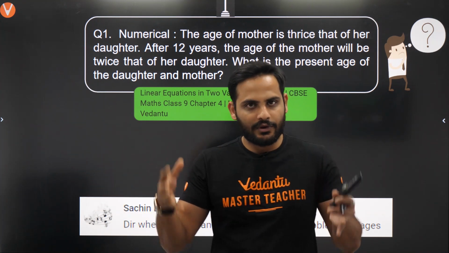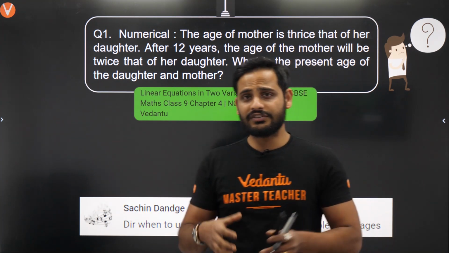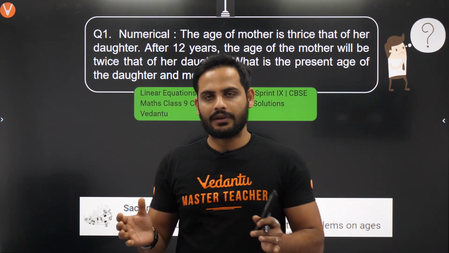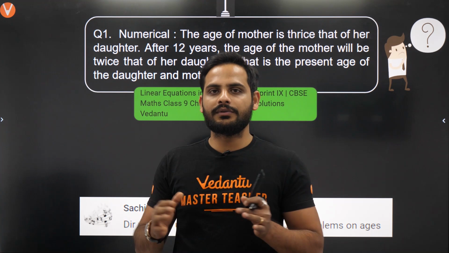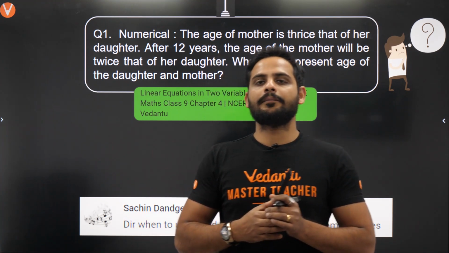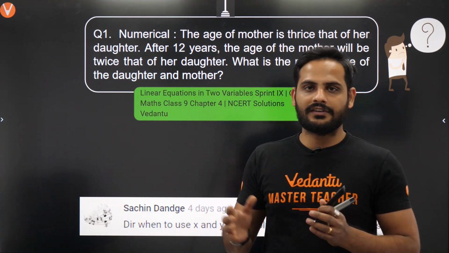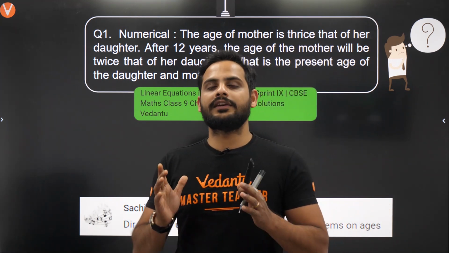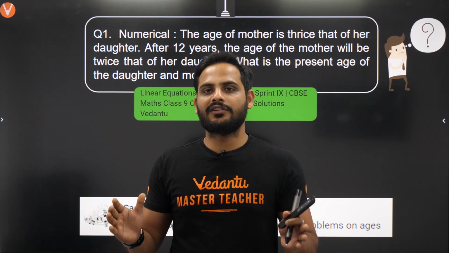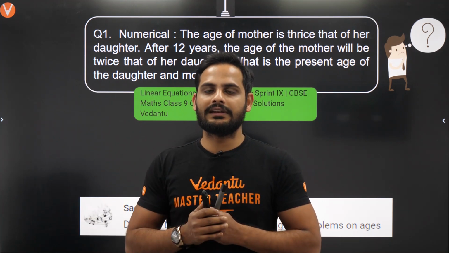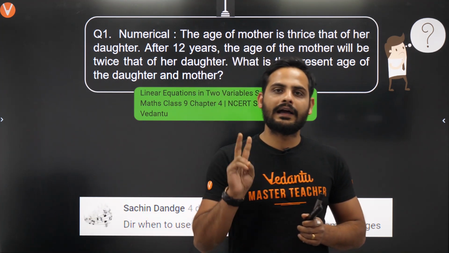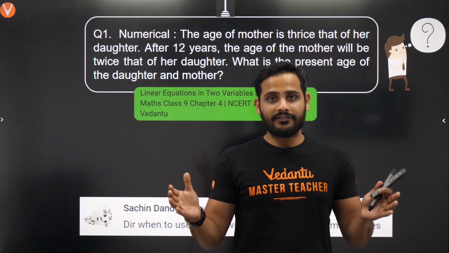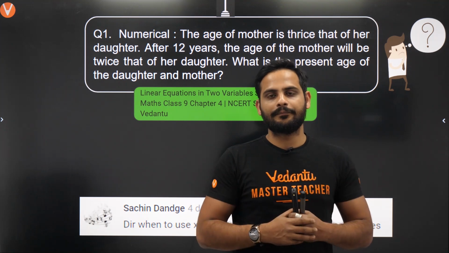There are some questions which can be solved using one variable or two variables. Suppose there is a question with the cost of pencil and the cost of pen. Now if there is no relation between the cost of pen and the cost of pencil, that will definitely require two variables, because these are two different things, so two different variables, right?